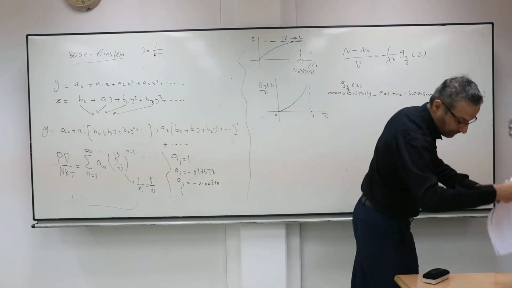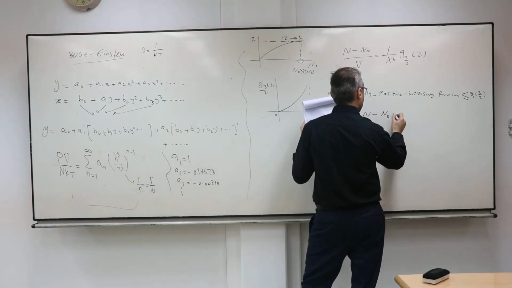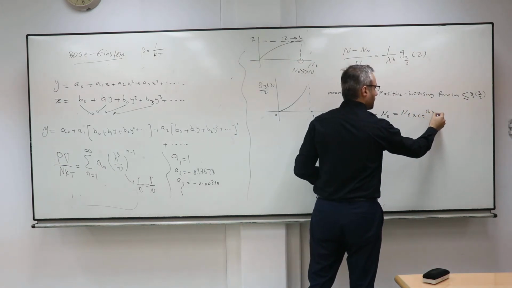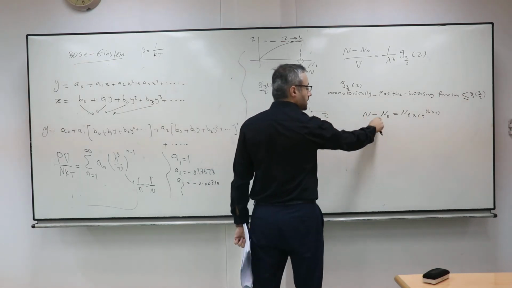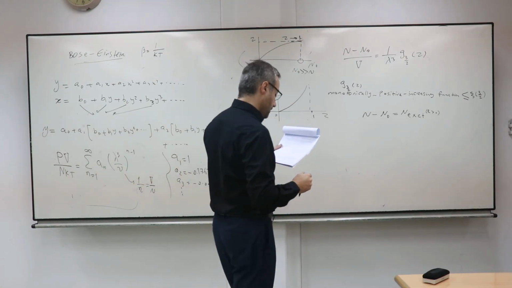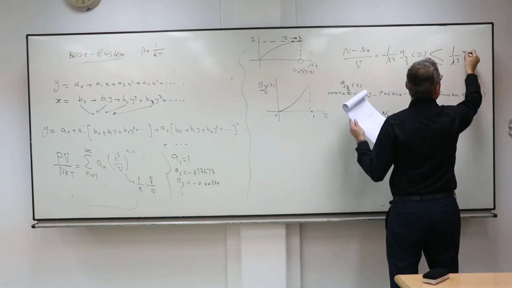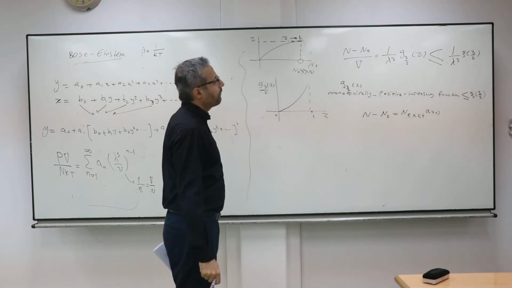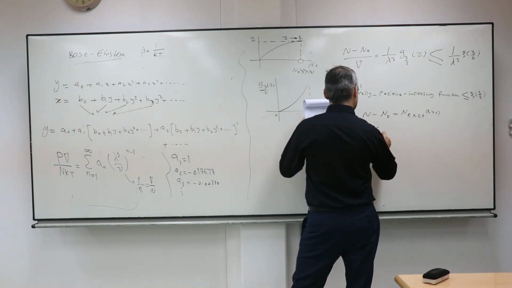So what is n minus n0? n minus n0 is n excited, the number sitting in any energy level above the ground state. The total number, the number sitting at E0, is the rest of the particles. So you can see that this is less than V over lambda cubed times zeta of 3/2. And this is N excited. So you see that N excited will be less than that.